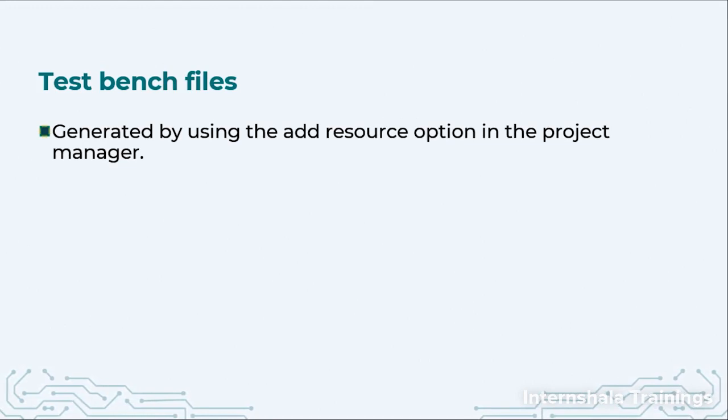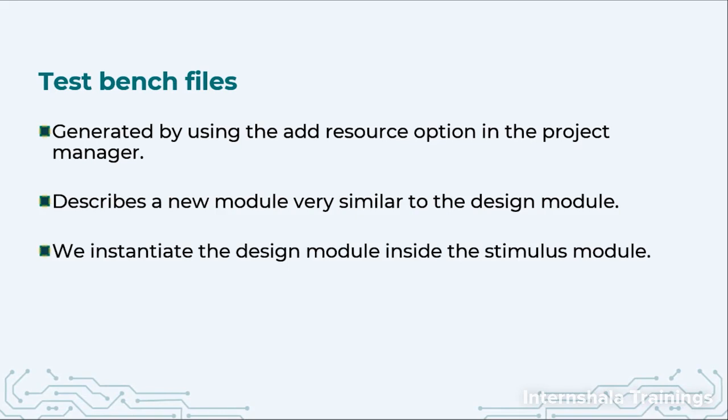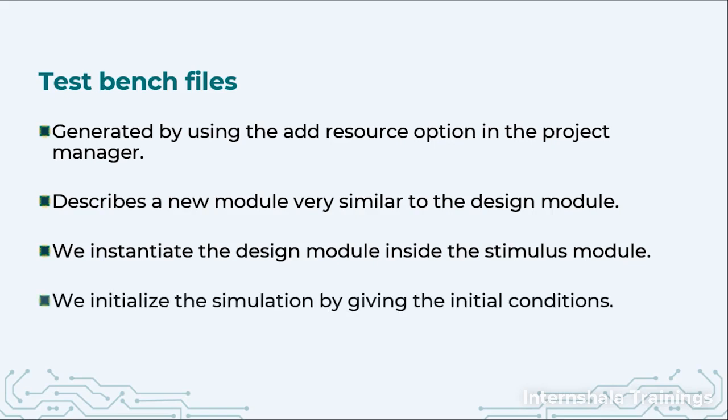So we are going to generate a test bench file by using the add resource option that we get in the project manager. Normally we add the Verilog file using that, right? So we will use the same option. We are going to describe a new module which is very similar to the design module. We will instantiate our design module inside the stimulus, that means inside the test bench, so that we know that this particular test bench belongs to this Verilog code.